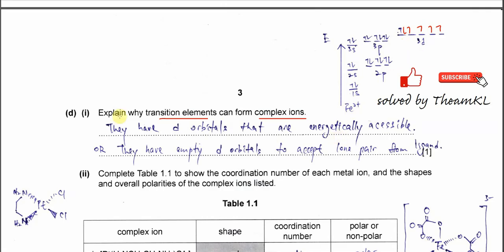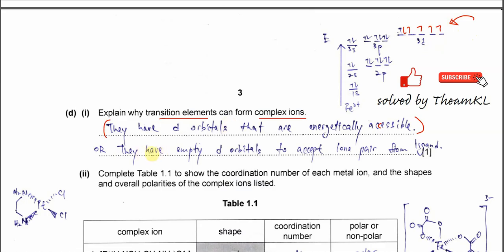Right. So that's why the first thing we need to make sure is they have d orbitals that are energetically accessible. Energetically accessible means the d orbitals are at a similar energy level, so they are more accessible, so when the ligands approach, the ligand can easily form bonds with these 3d orbitals. That's the meaning.